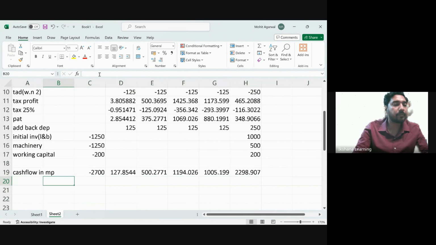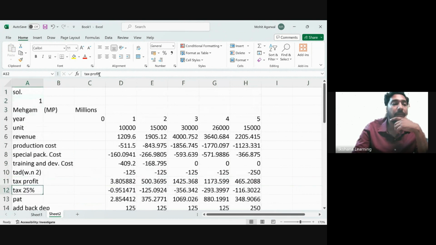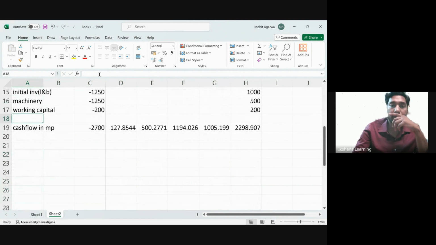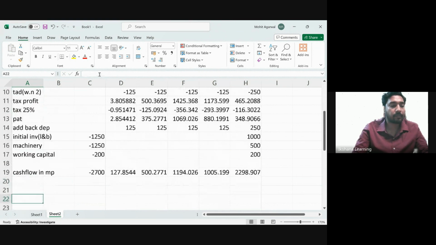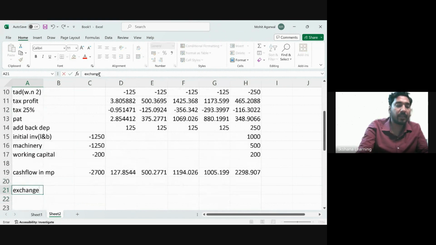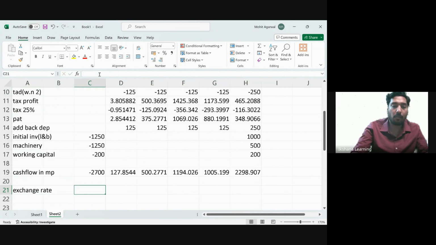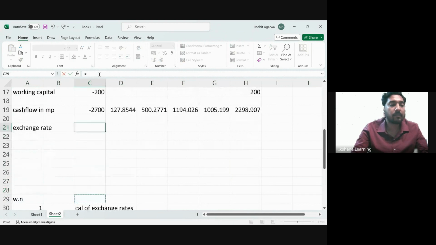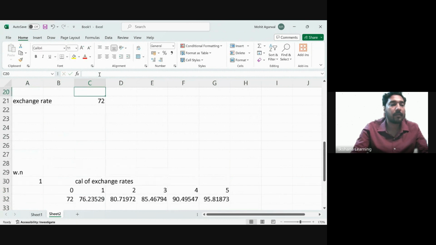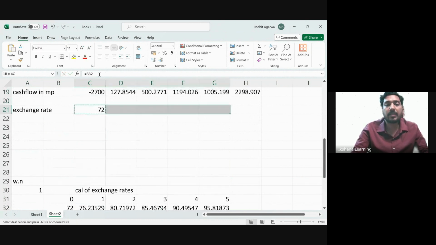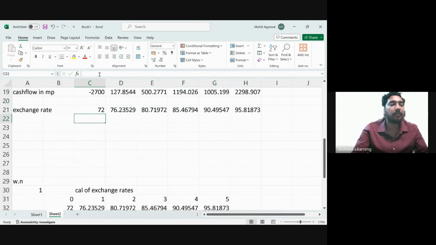Now, but we are not in pesos now. We have to convert these cash flows into dollars. We are operating from the US. So we have to convert. Let's reference the exchange rate we calculated below. Remember, this time we will not multiply, we will divide to calculate cash flow in dollars.